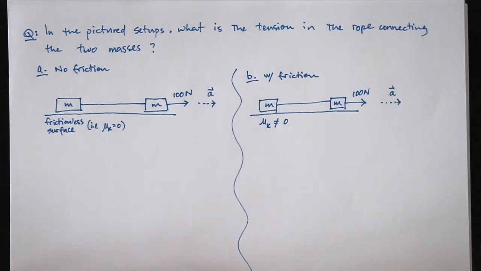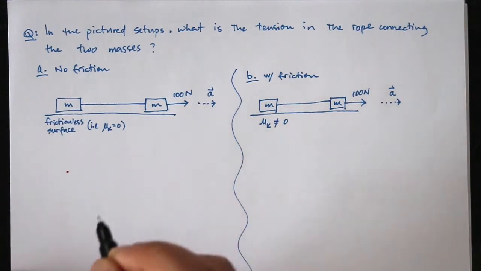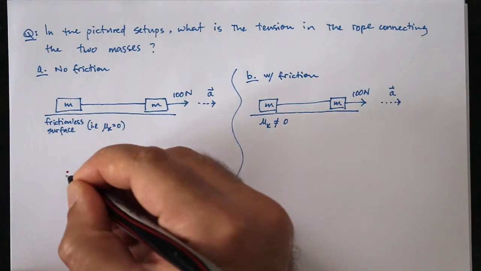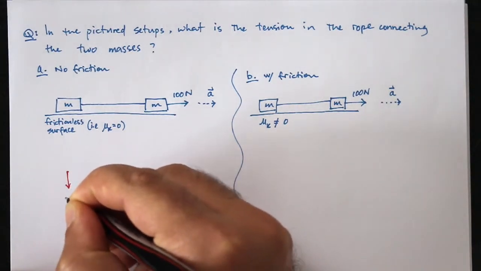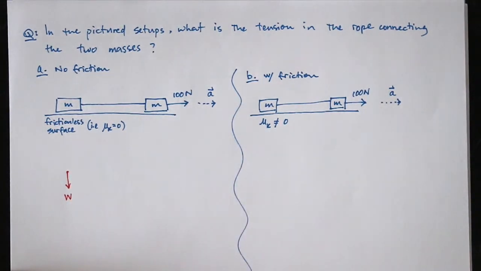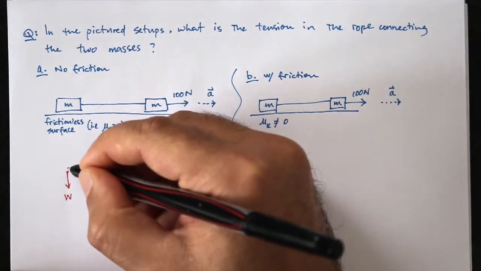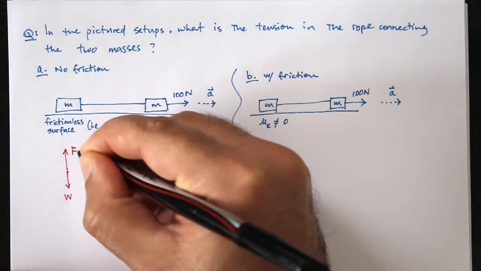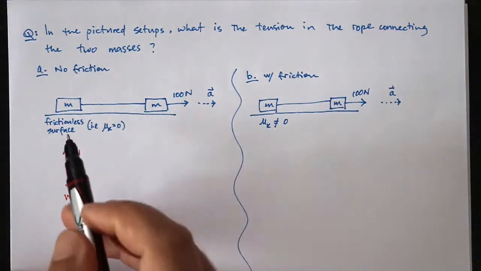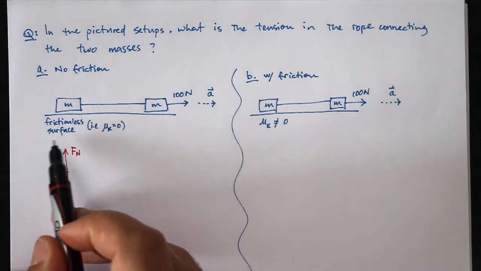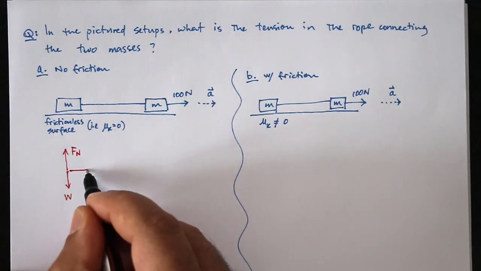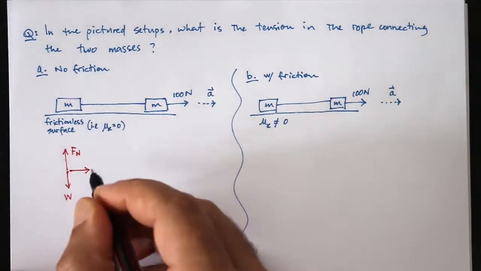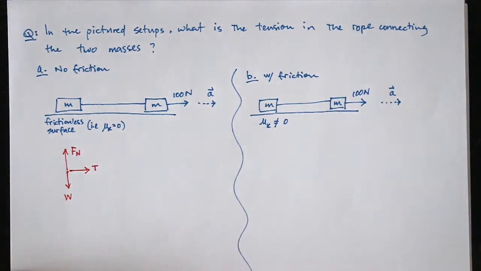If I isolate the mass on the left, I know that it has some weight, the attraction of Earth to the mass, and the surface is going to respond with a normal force. And in the x direction, because there's no friction, the only force is the tension in the rope that is pulling that mass.